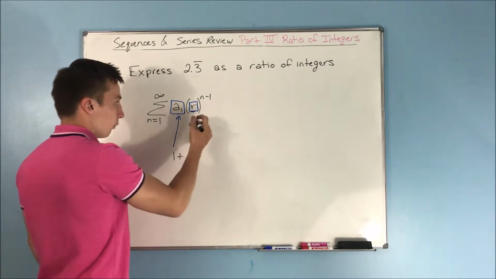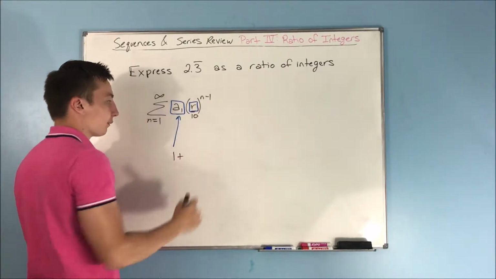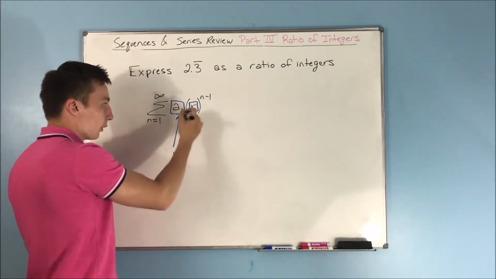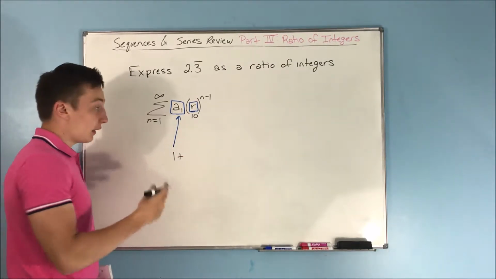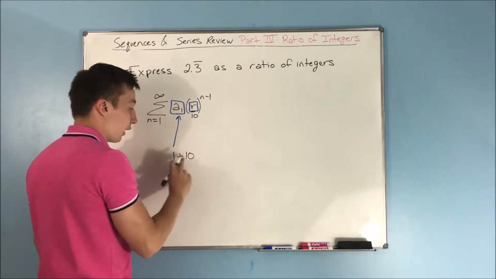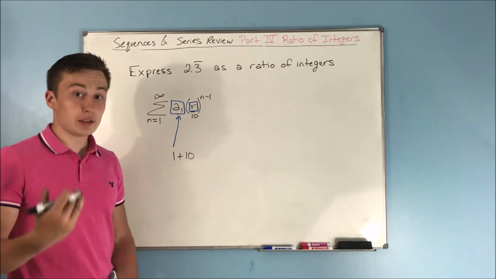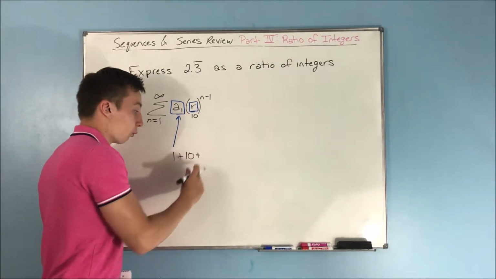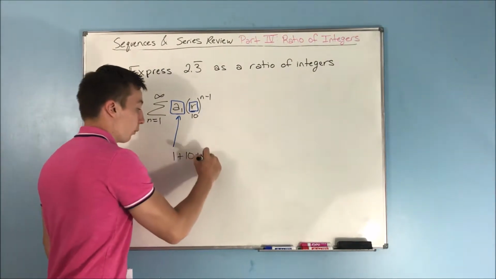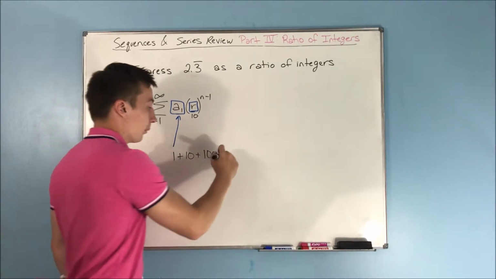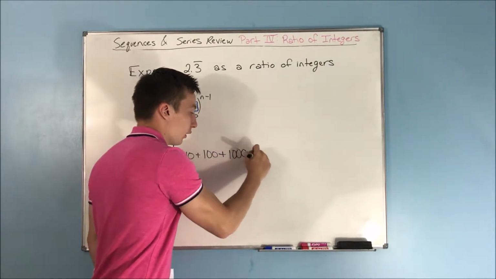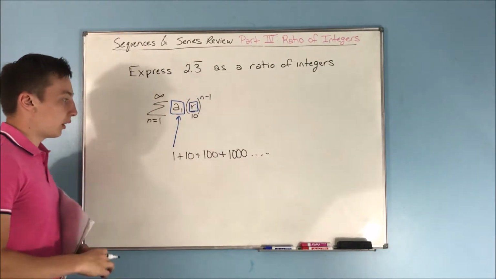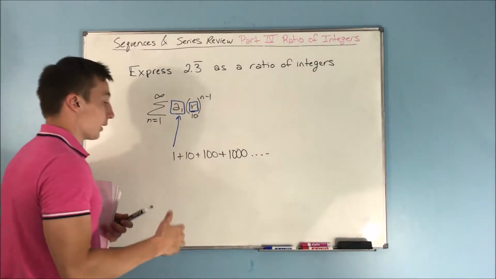Let's say our common ratio is 10. Then we multiply this first term by 10 to get 10, our second term. Now what about our third term? We multiply by 10 again to get 100. And then our fourth term will be 1,000, and so on. So that is what a geometric series looks like.